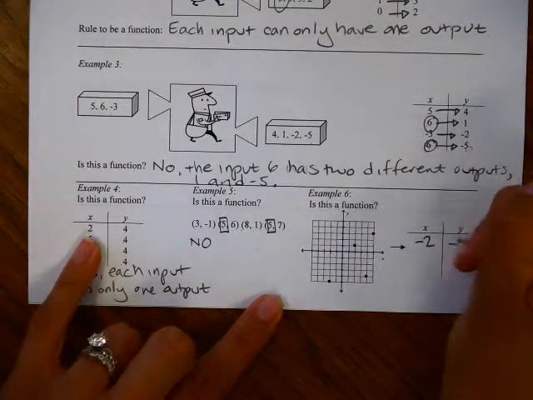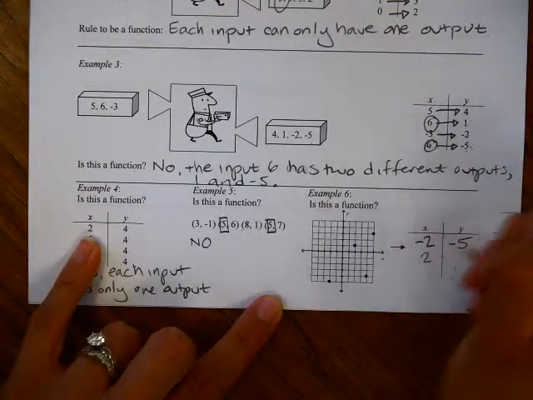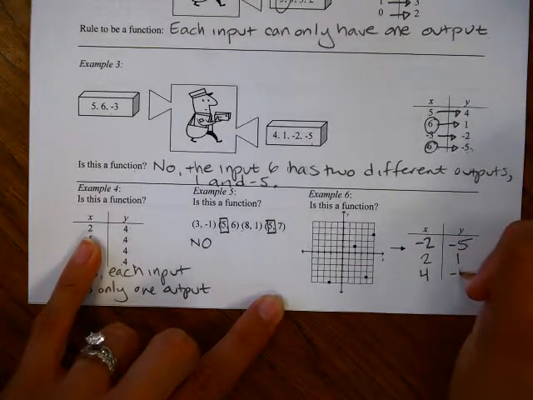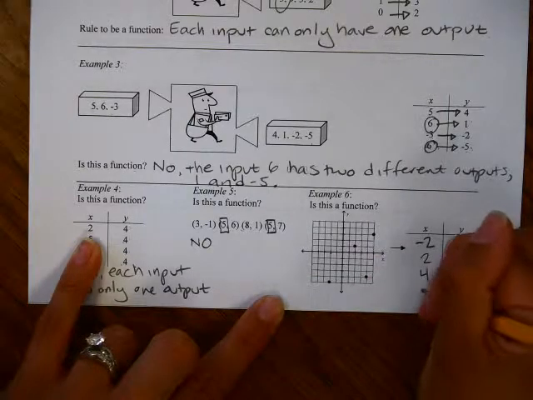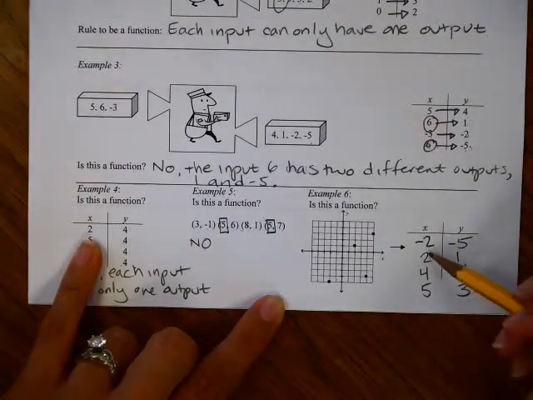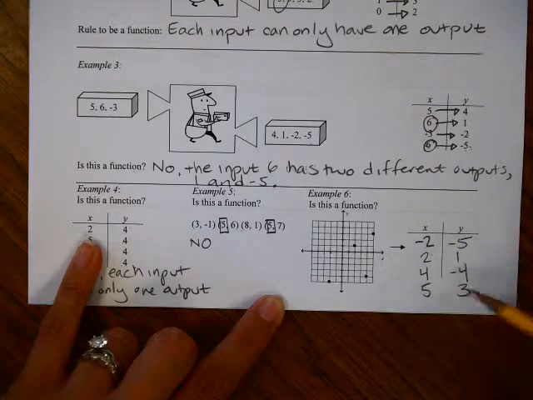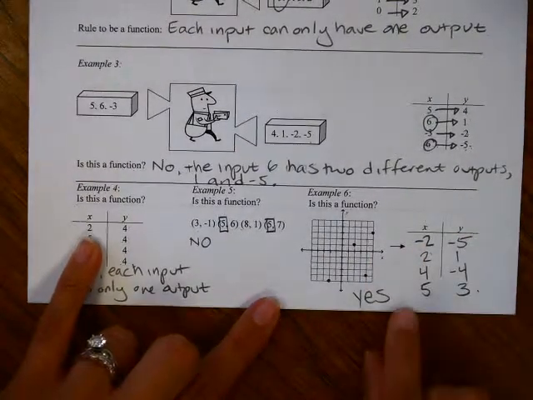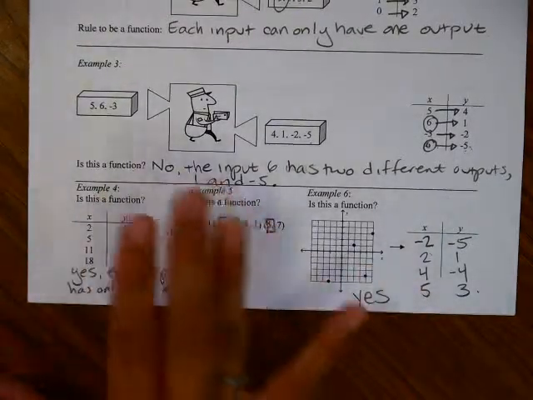So (-2, -5), (2, 1), (4, -4), and (5, 3). And by looking at this, we can verify, yes, each input only has one output. So this is also a function. And remember to give me reasons here as well.